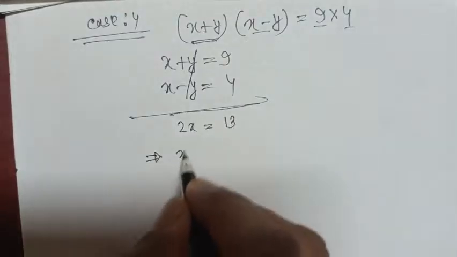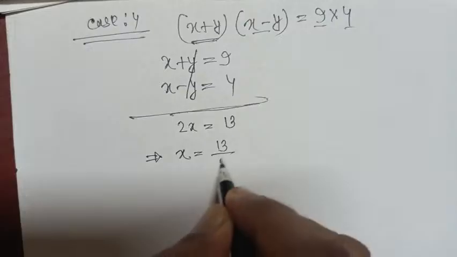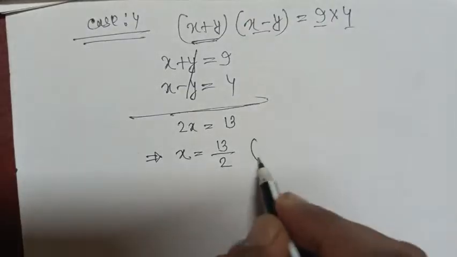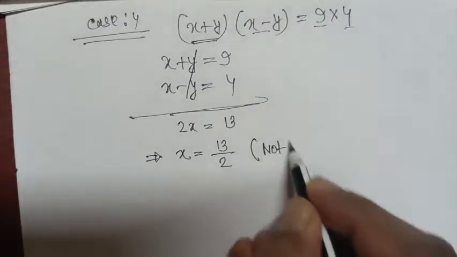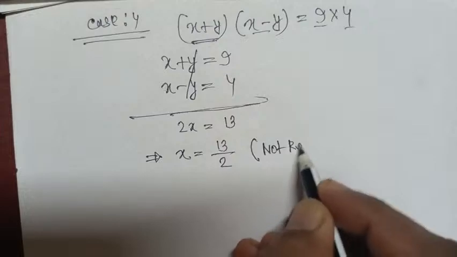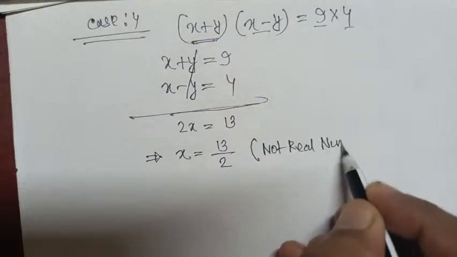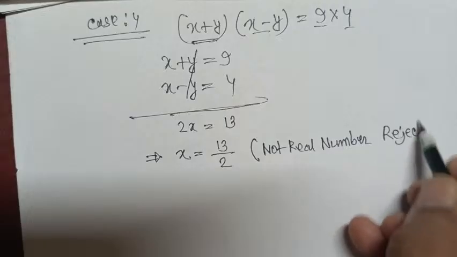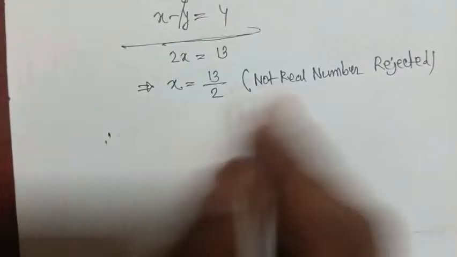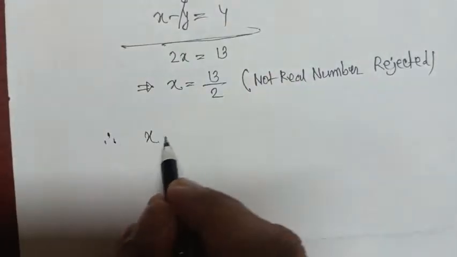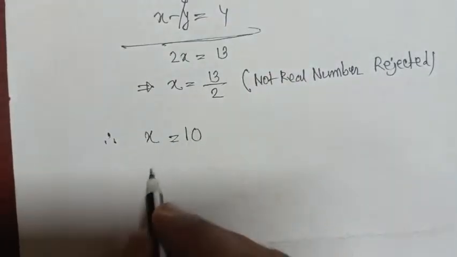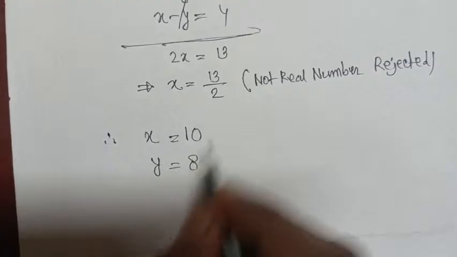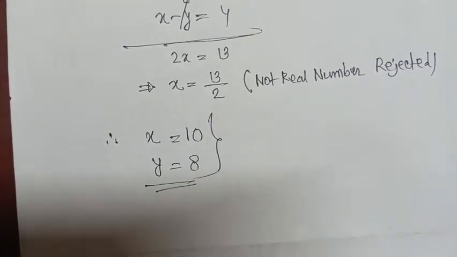Therefore x is equal to 13 by 2. So again, this is not a real number. Rejected. So we get only the value of x is equal to 10 and y is equal to 8. So this is the real solution we get for x and y.